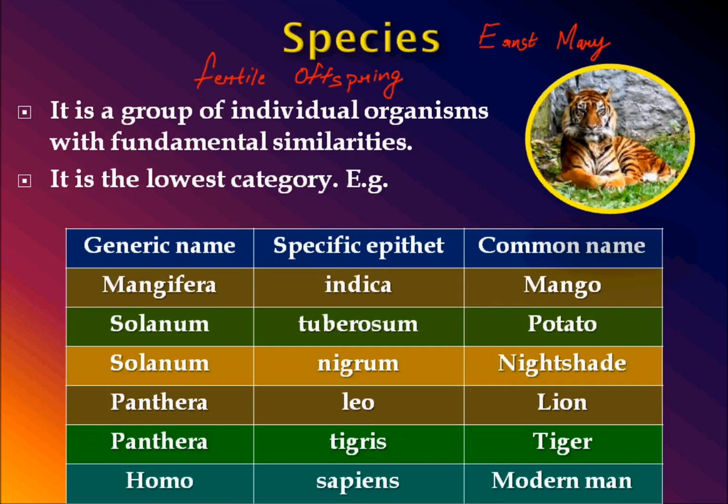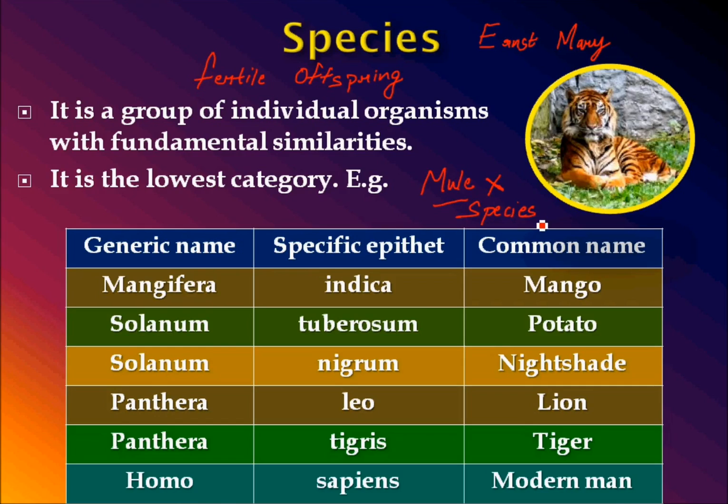For example, there is a very common example of the mule, which is the offspring of a male donkey and a female horse, but that is sterile. So we don't say that mule is a species. It does not qualify the concept of species because it is sterile, meaning it cannot produce its young ones.